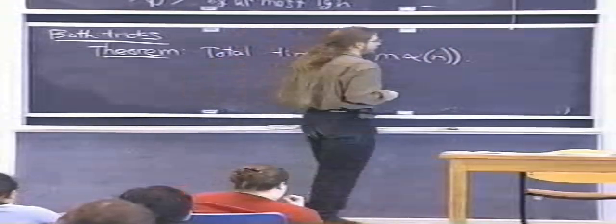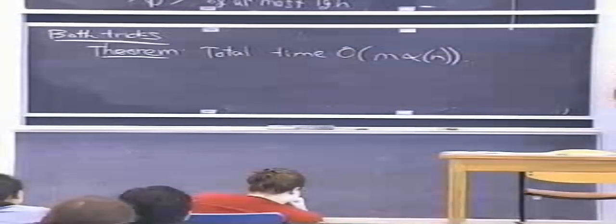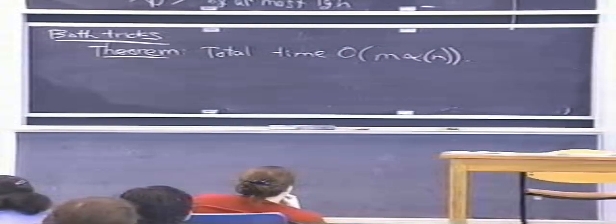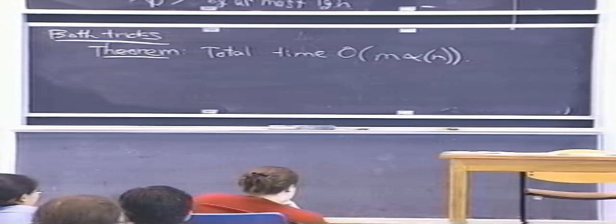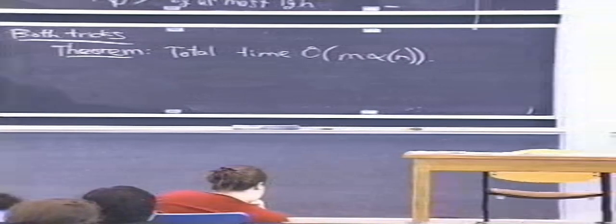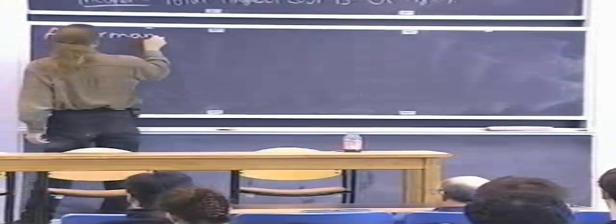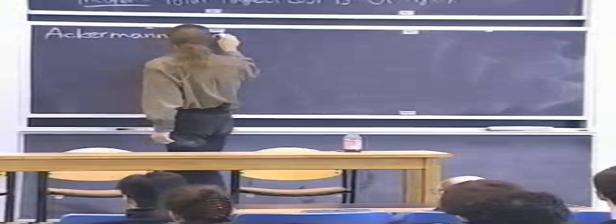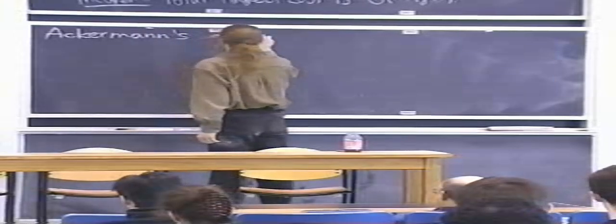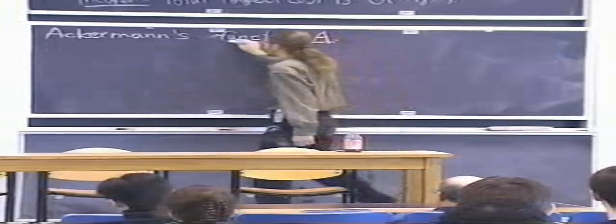Okay, and probably I should start on another board. Okay, alpha is called the functional inverse of Ackermann's function. So I'm going to define Ackermann's function, which is called capital A for Ackermann. And alpha is going to be the functional inverse. Okay, so I might as well write it down.